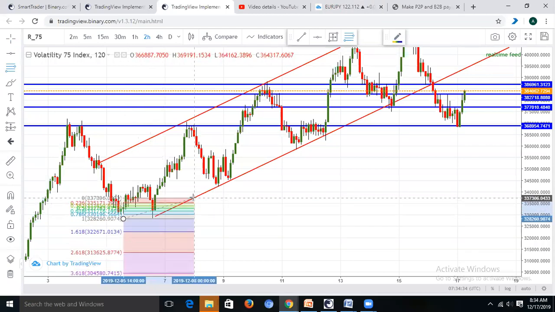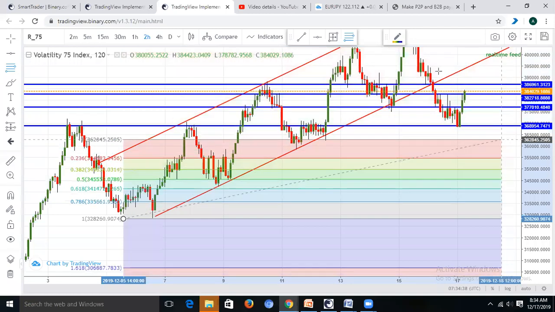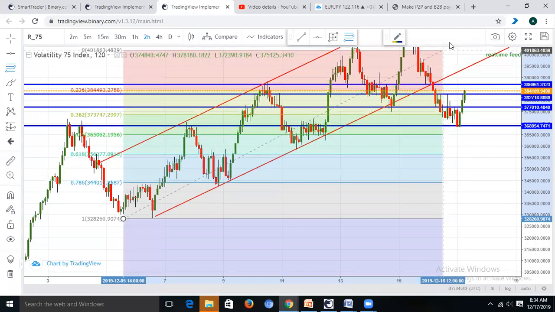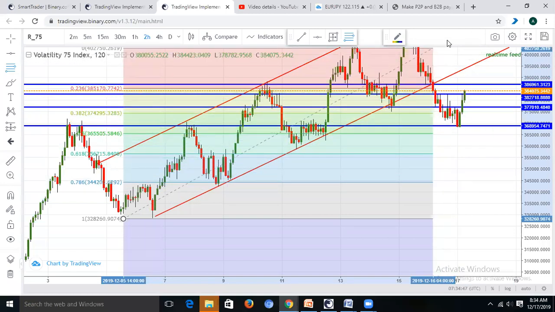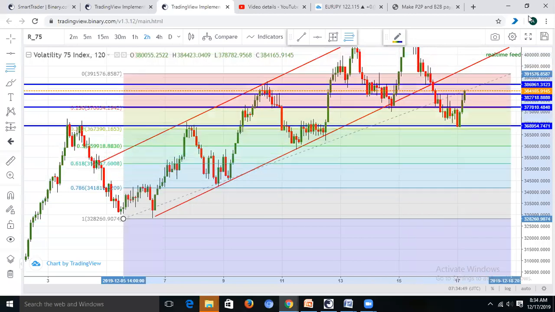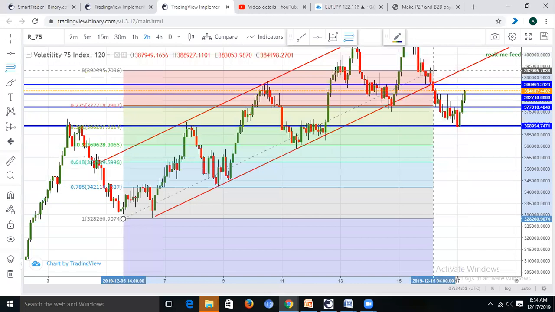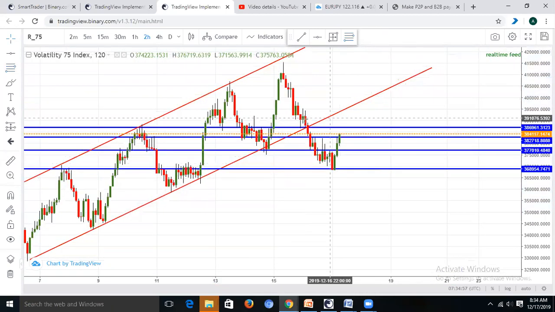Let's say the trend begins from here. So you draw your Fibonacci based on this. You plug it to the point where the retracement starts happening. So you must start it from the beginning.